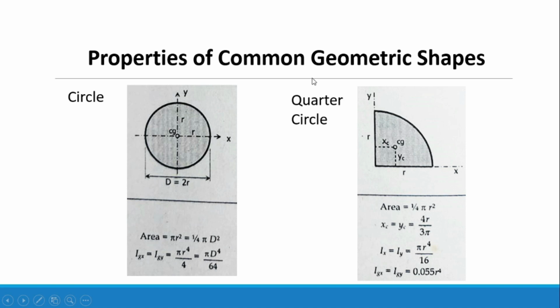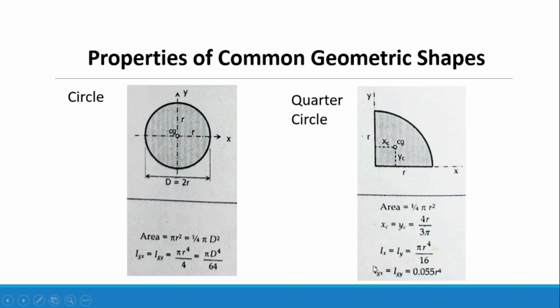Next, quarter circle, which means 1/4 of the shaded area of a circle. The area is 1/4 of pi r squared, or the area of the circle. And x sub c is also equal to y sub c. So x sub c and y sub c are the same value, equivalent to 4r all over 3 pi.